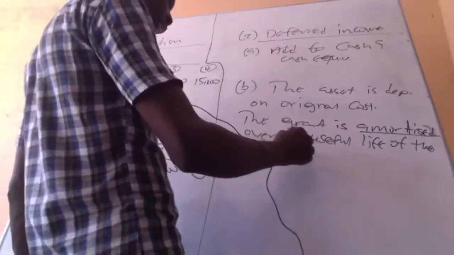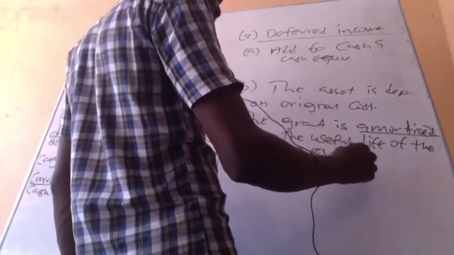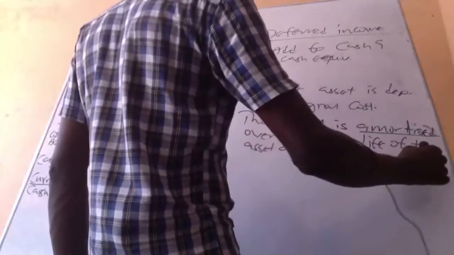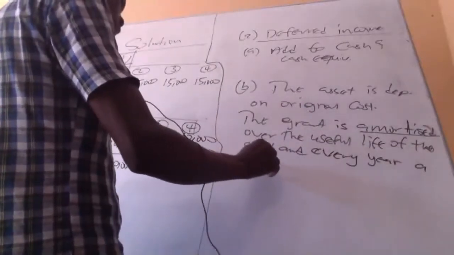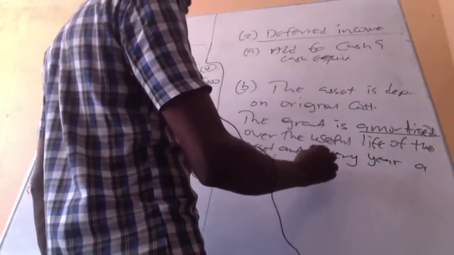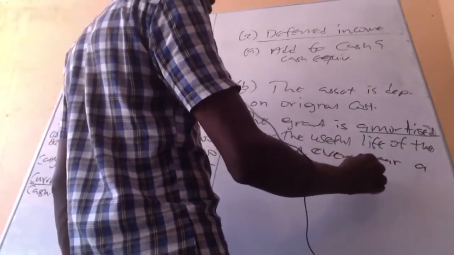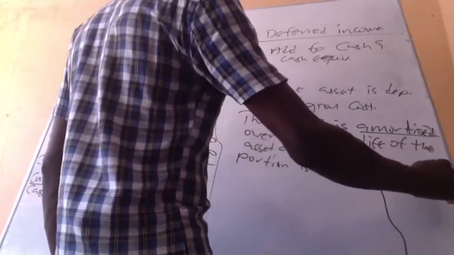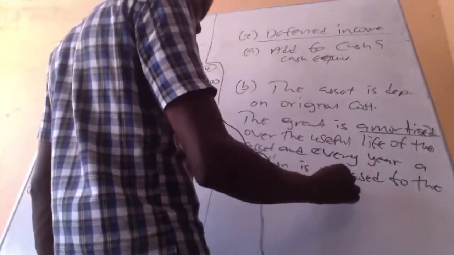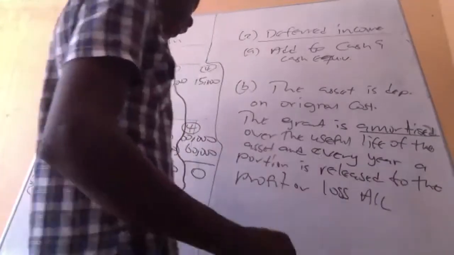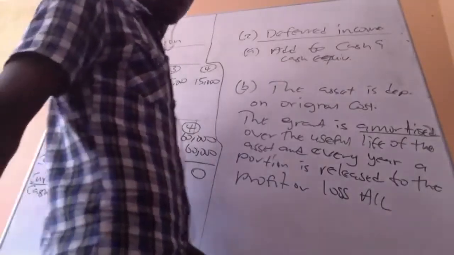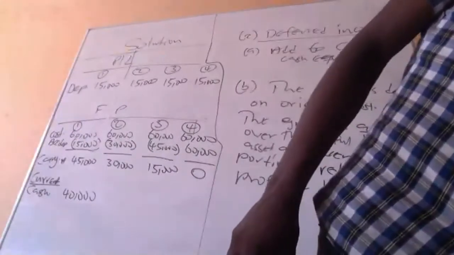And every year, or every period, a portion is released to the profit or loss account, to offset the depreciation. Good. So that is it.